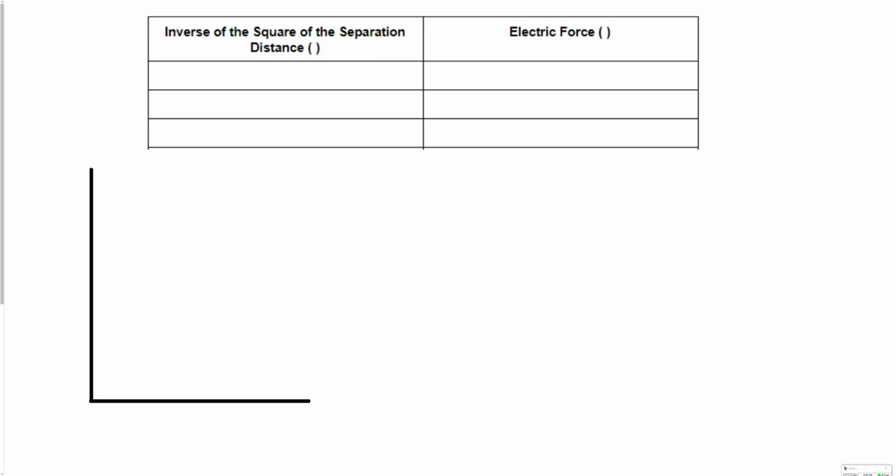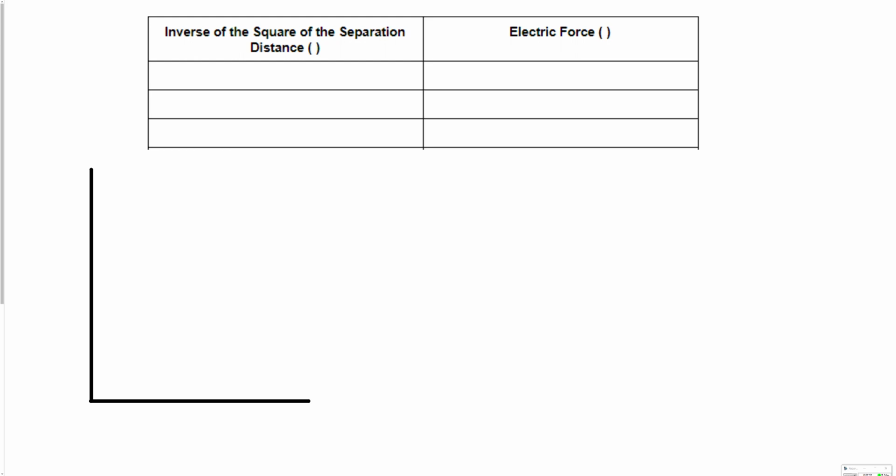I'm going to plot a new graph. This one is not going to be F versus R. This one is going to be F versus 1 over R squared. So you're literally going to take all your values of R and you're going to square them and then take the inverse.